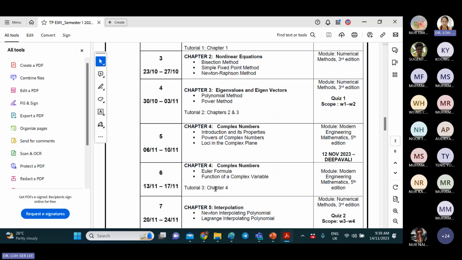Bisection is one of the topics. I'm not sure how good you are in this bisection method, so maybe we do some revision on this Thursday. This interpolation is also included. Any more questions before we end the class?